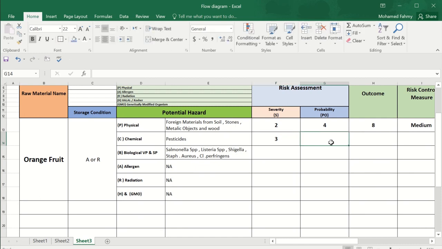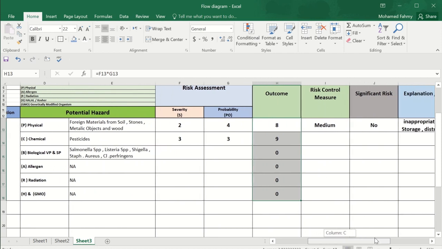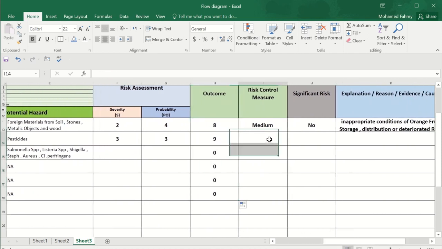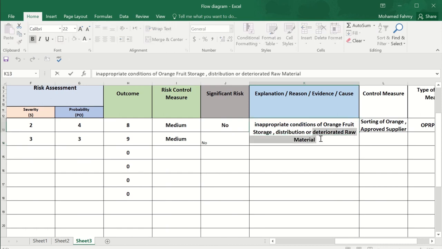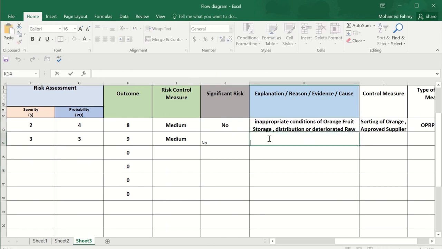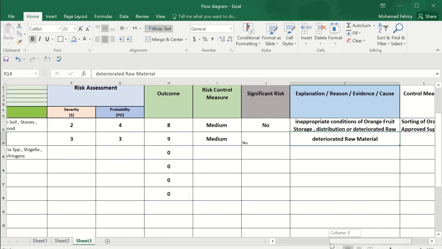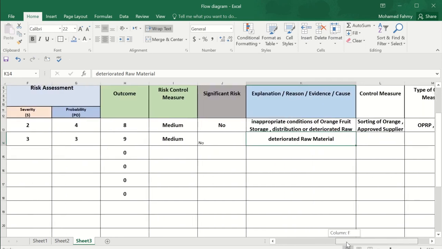Severity 3, probability 3, so 9 is medium risk, significant, no. What are the reasons? Maybe from deteriorated raw material, this chemical hazard.